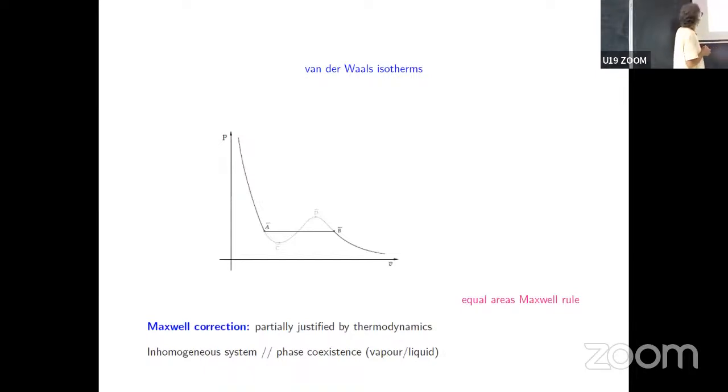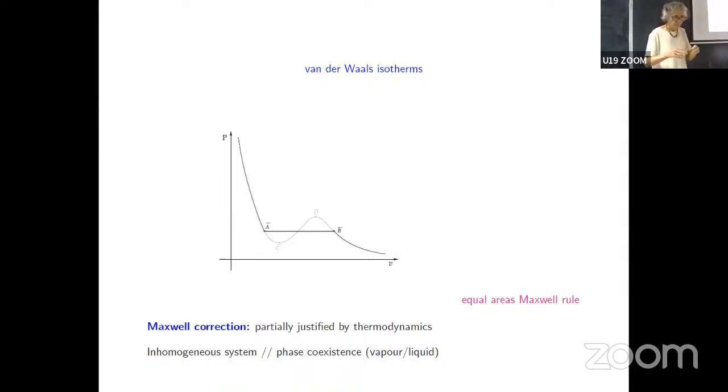So Maxwell found a correction. What should be the correct thing? The correction should be that in this part, there is an interval of V for which the pressure should be constant.